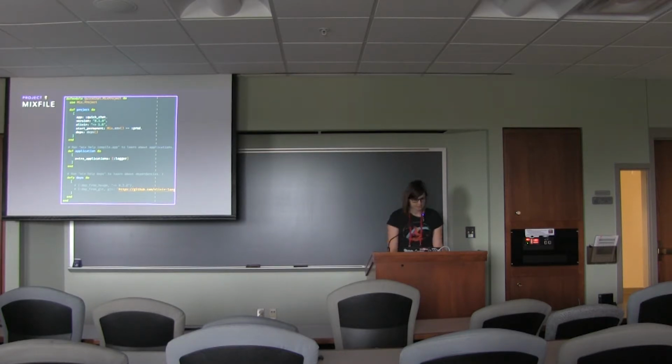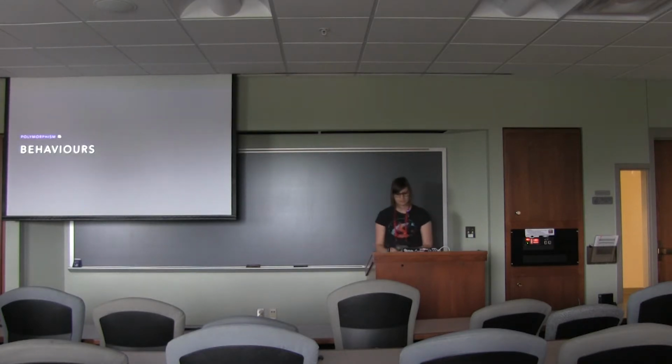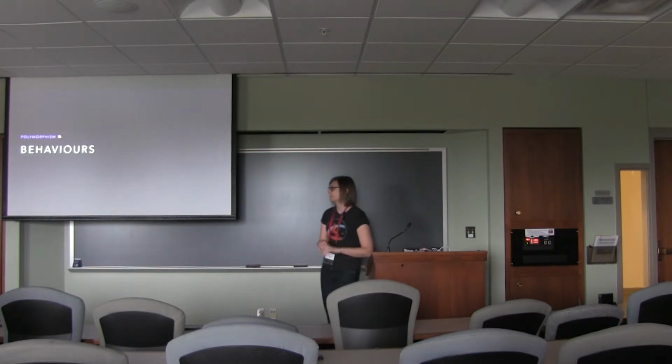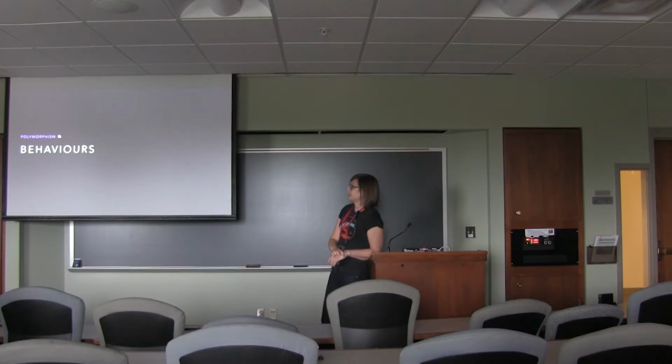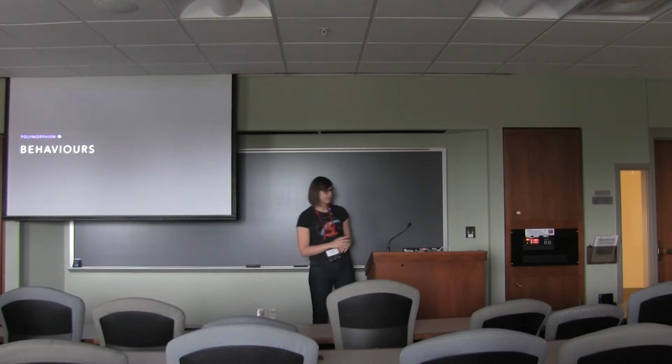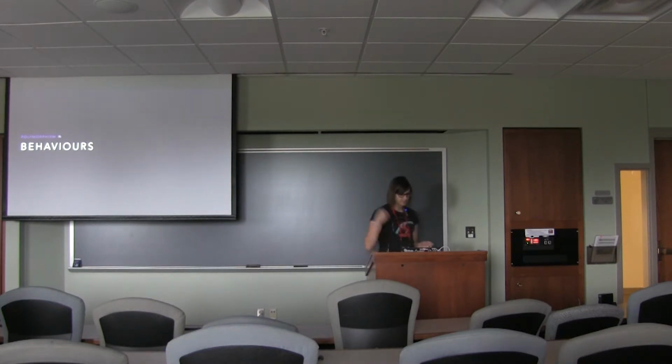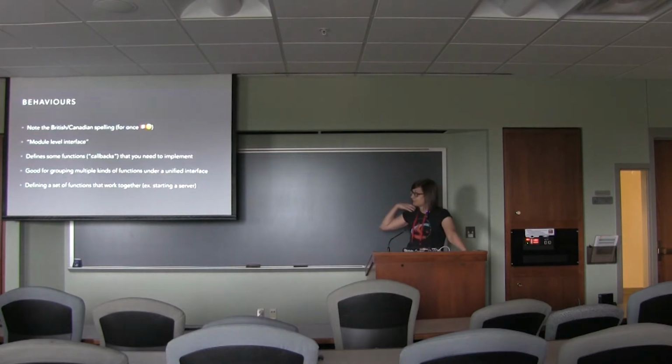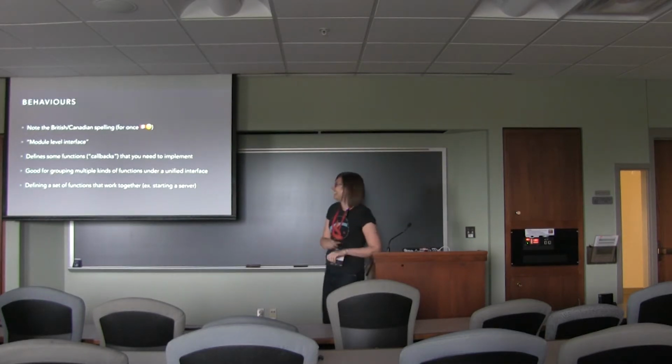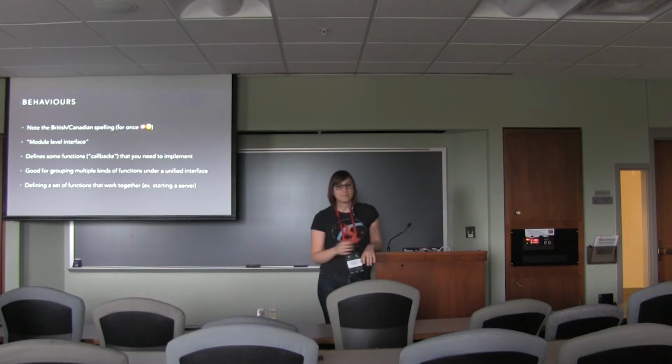For behaviors, yes. Okay. All right, behaviors. So this is one of two kinds of polymorphism. This is module level polymorphism that we have in Elixir. It is spelled with a U, so the Canadian spelling for once. And all it does is it says you have to define these functions with these types, right?